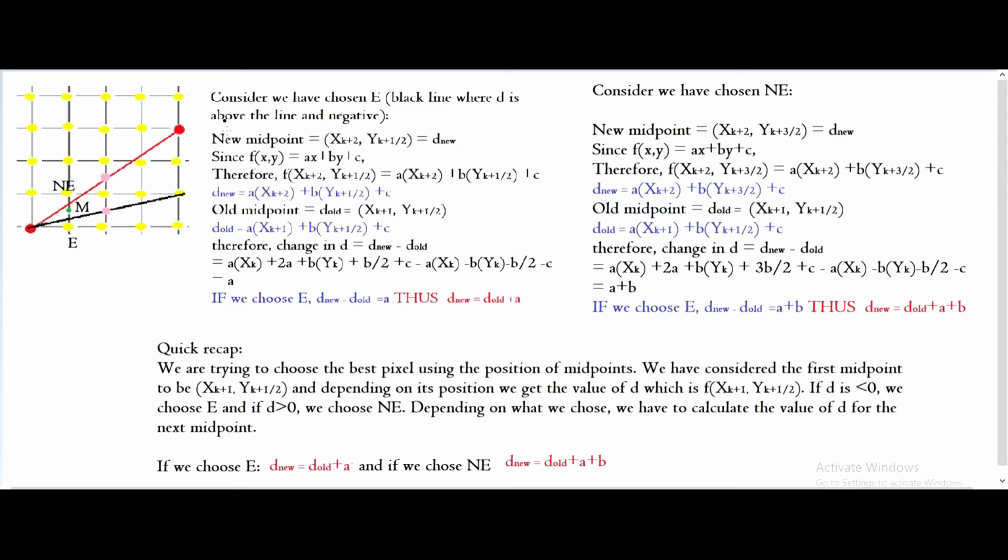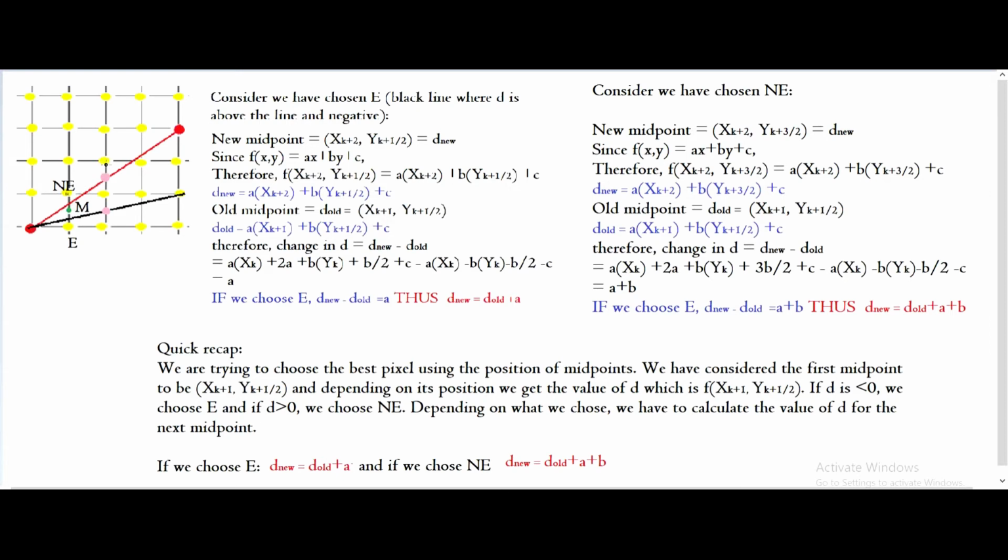Okay then, so in the previous slide we considered choosing E. So now let's choose NE. It's the same thing, the exact same thing. If we choose NE, then our new midpoint will be between these two pixels. Okay, so if we choose NE, then M is basically below our line. That's why we've chosen it.